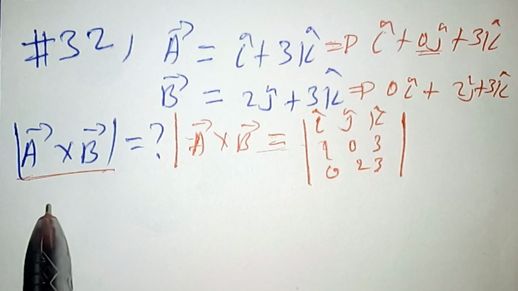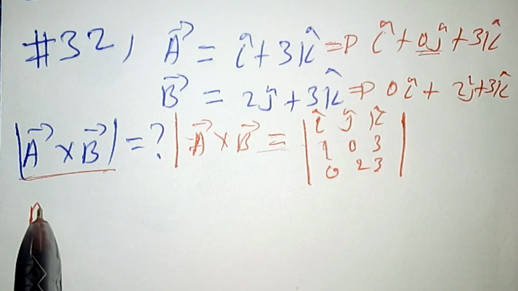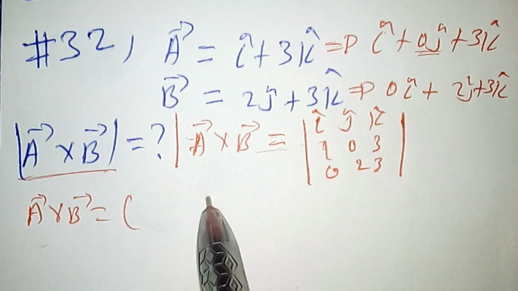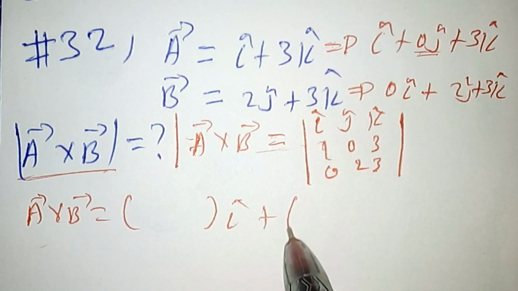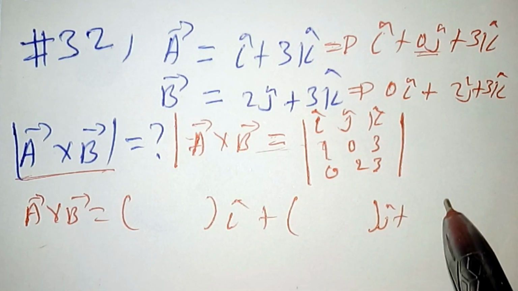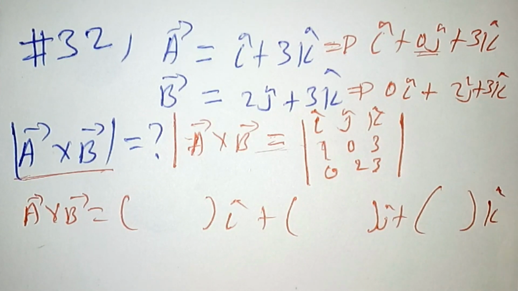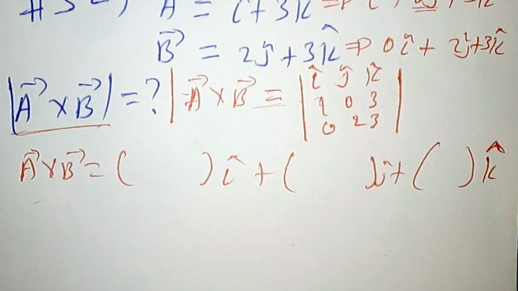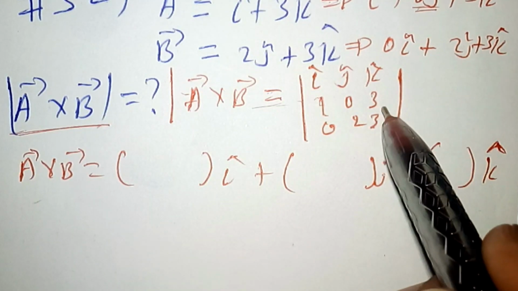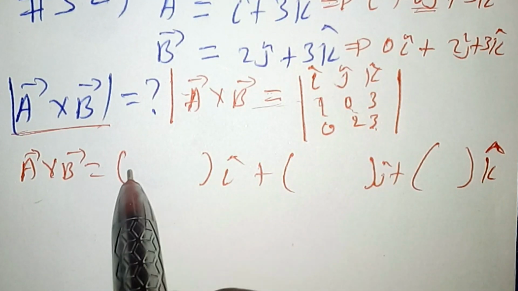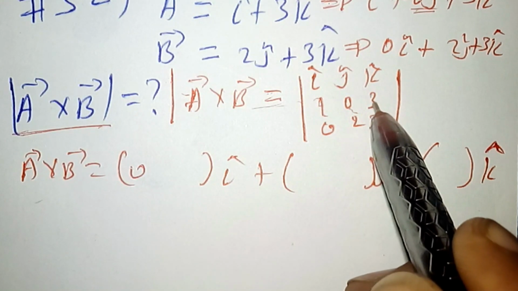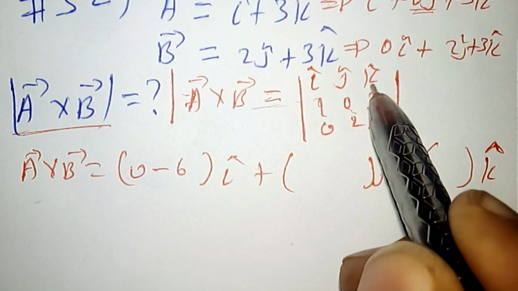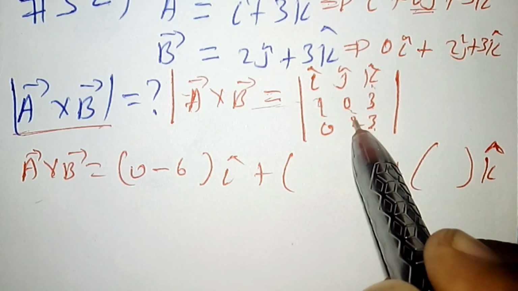Then I collect all the like terms, so the vector A cross B equals some term in i plus some term in j plus some term in k. For i, it is j cross k, that means 0 times 3, which is 0, and 3 times 2, which is 6. So I make it minus, because k cross j is minus i.